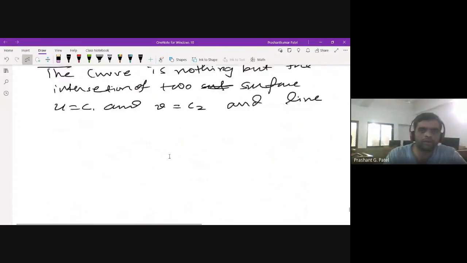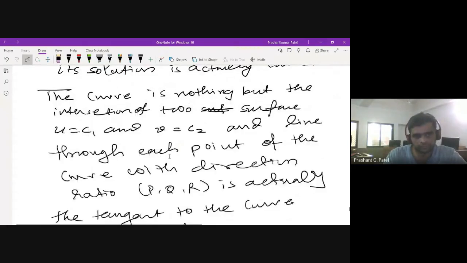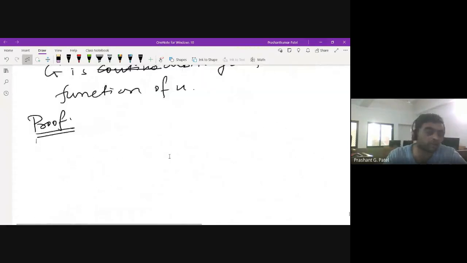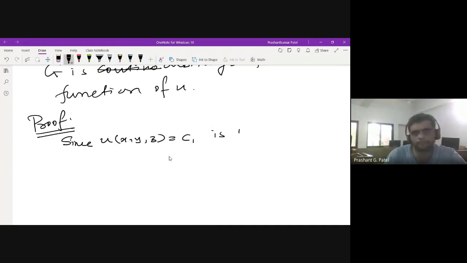Now we are discussing the proof for this theorem. So what is given is u of xyz equal to constant is the solution of equation 1.